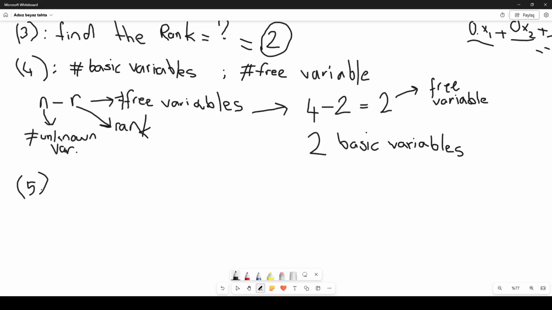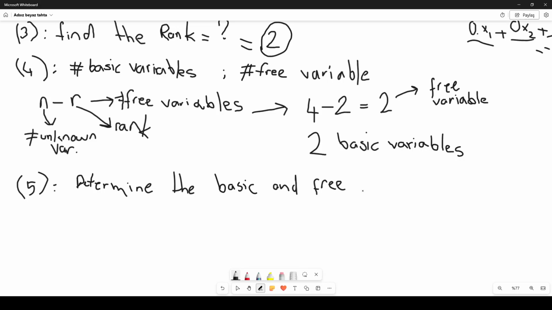So the fifth step is to determine the basic and free variables. We know how many of them there are, right?